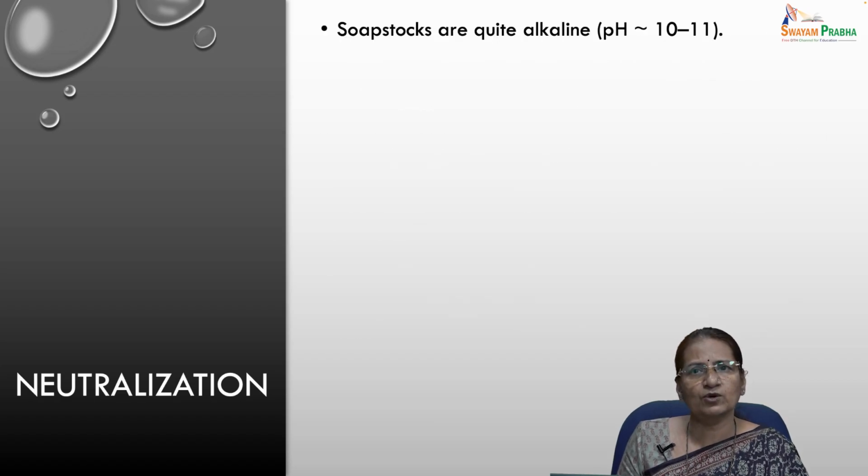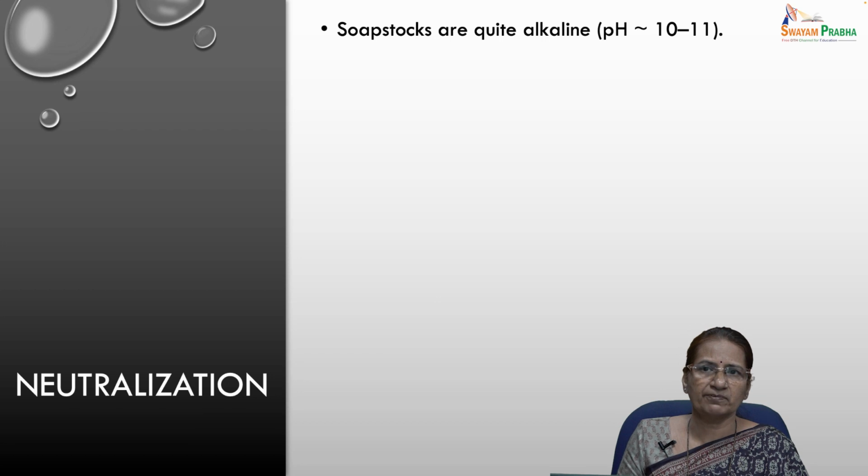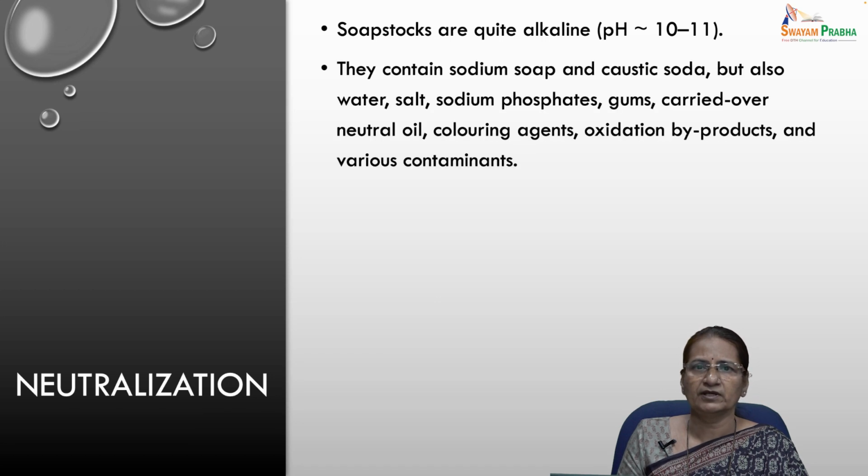Soap stocks are quite alkaline, pH is approximately 10 to 11. They contain sodium soap and caustic soda, but also water, salt, sodium phosphates, gums, carried over neutral oil, coloring agents, oxidation byproducts and various contaminants.